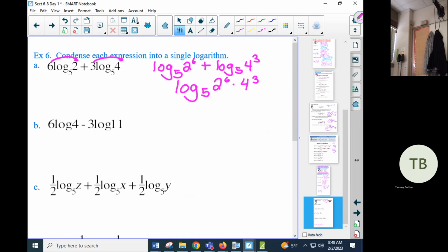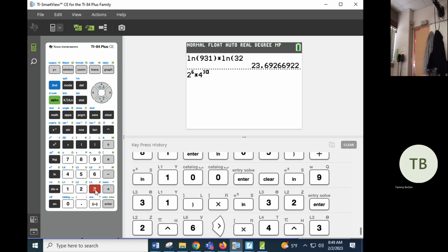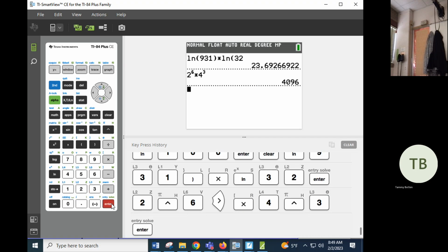But when there are two numbers like that, you actually have to evaluate this. So you would just go to your calculator and go 2 to the 6th power times 4 to the 3rd power. So if we did that, 2 up arrow 6, and then make sure you do your right arrow to come back down, times 4 to the 3rd, and then it's 4,096.